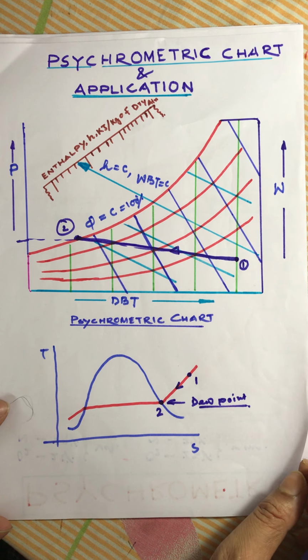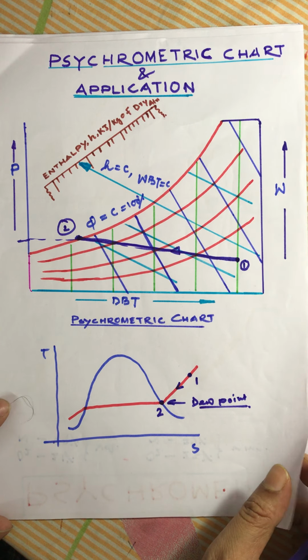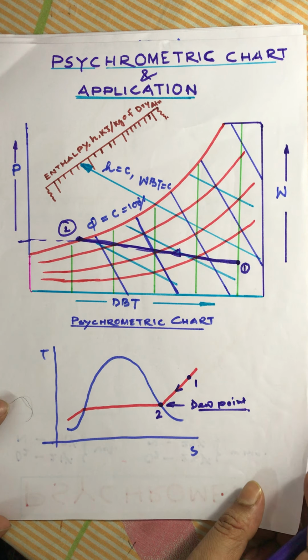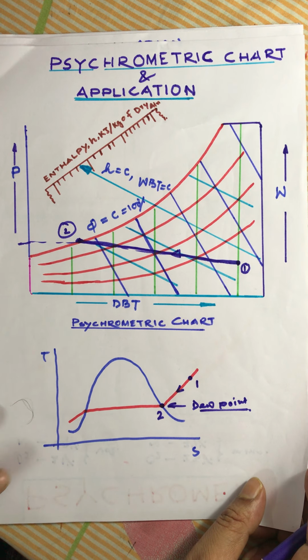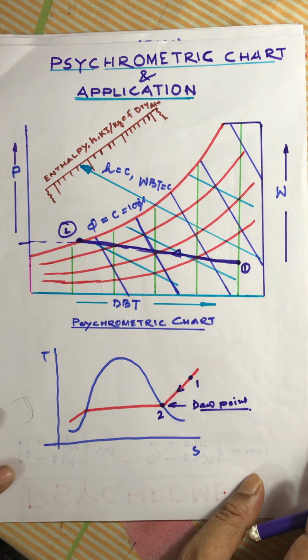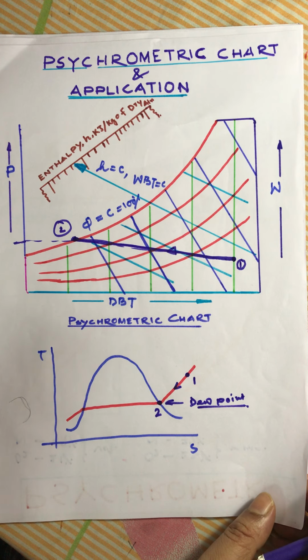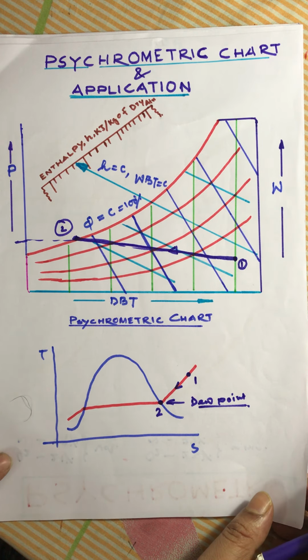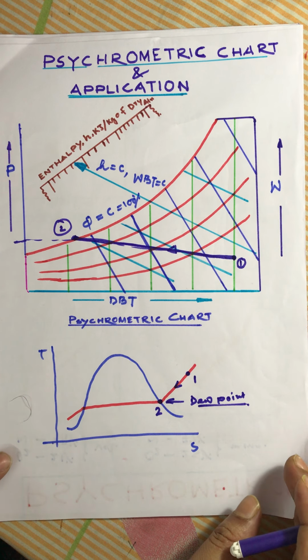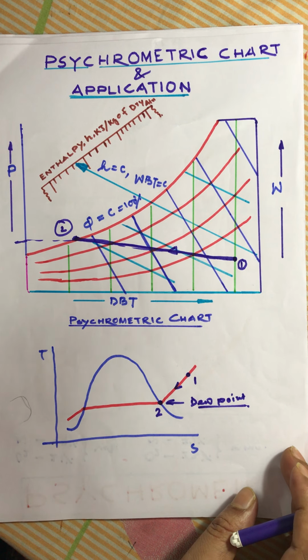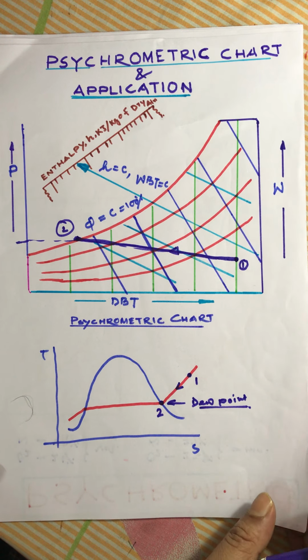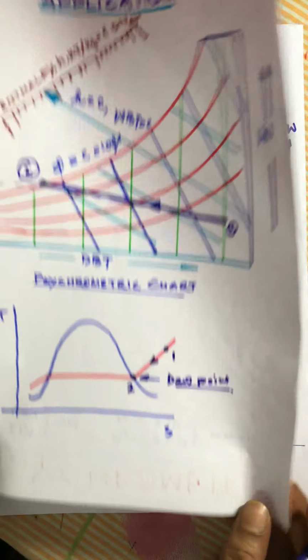Now, application of the psychrometric chart. As we know, the air conditioning process is not only about the temperature drop of the room, but also we have to consider human comfort, which is a function of humidity of the air. Let us start.